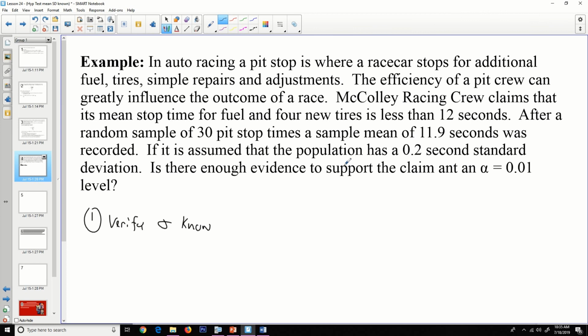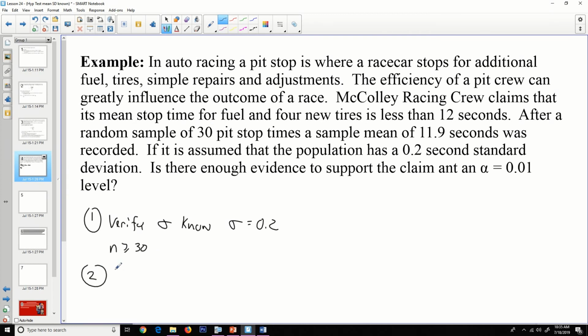And in fact, they say that the population has a 0.2 standard deviation, so we can say that sigma is equal to 0.2. And then n is greater than or equal to 30. They don't say anything about normal distribution, but since our sample size is 30 or bigger, we don't have to worry about that.